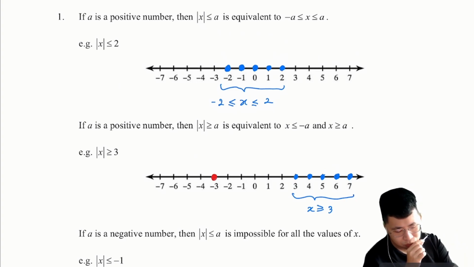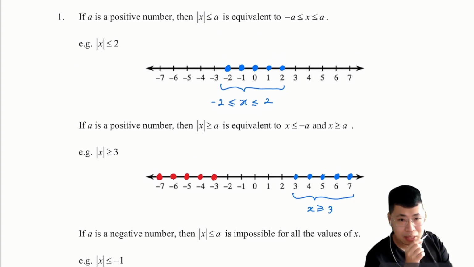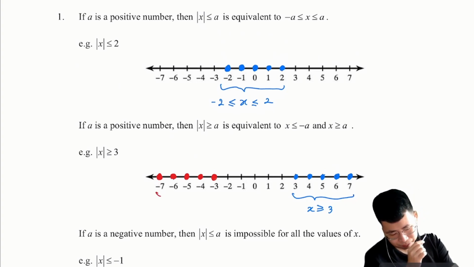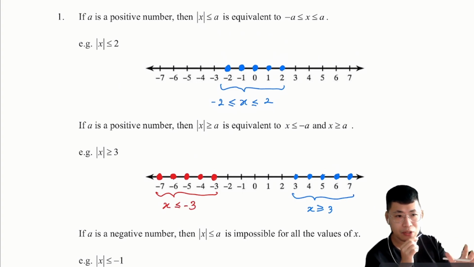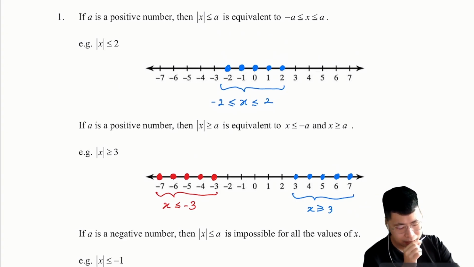Starting from negative 3, then negative 4, all these numbers when you put in the modulus sign will be already more than 3. So these are our solutions as well. So we have two ranges of solutions to consider: x more than 3 and x less than negative 3.